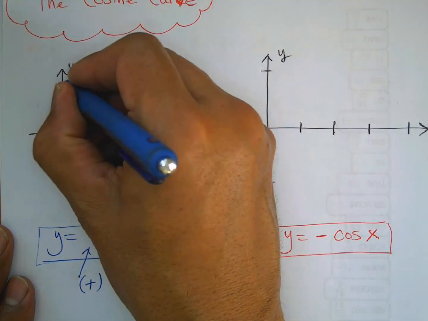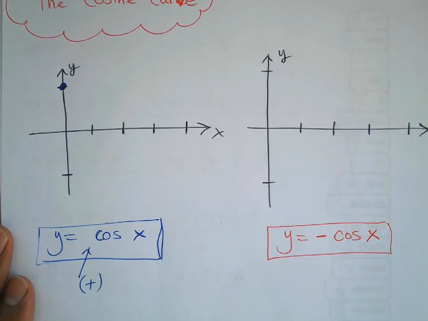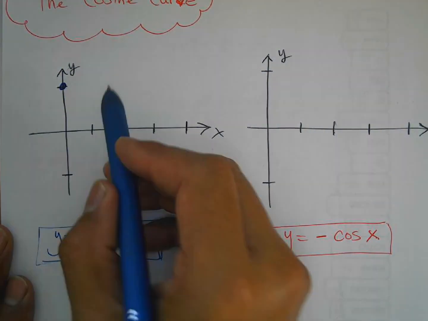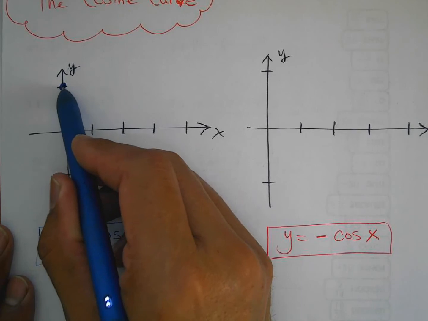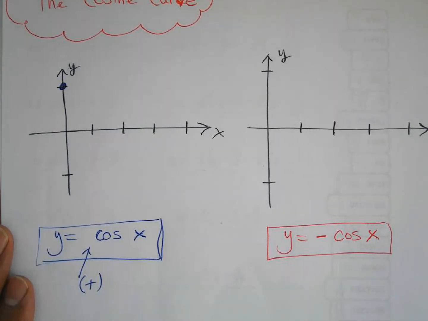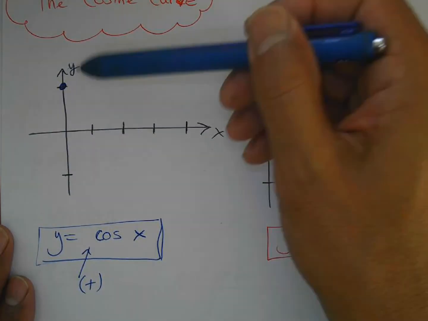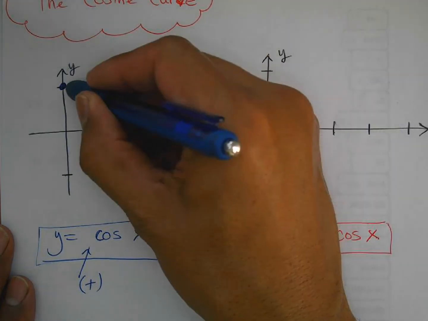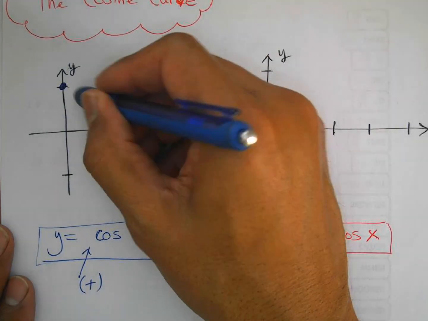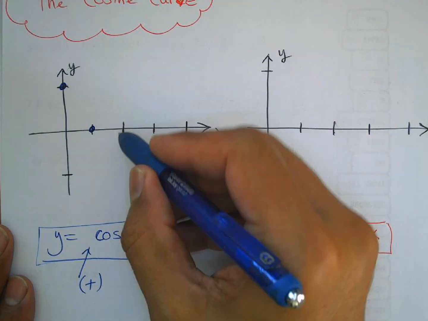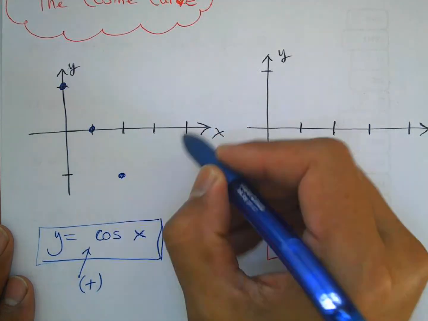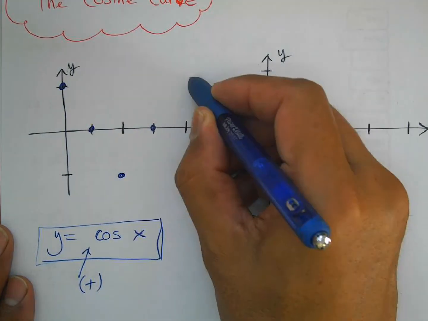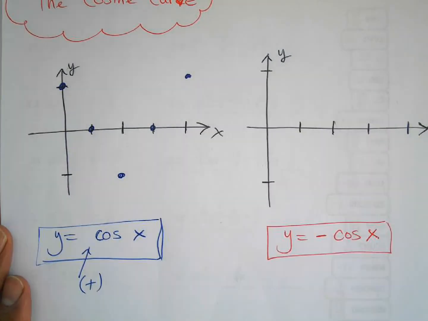Your cosine's going to start on the y-axis, on the positive, at whatever that amplitude is. And if that's a maximum point, then you go top, middle, down, middle, and that's the one that looks like this.